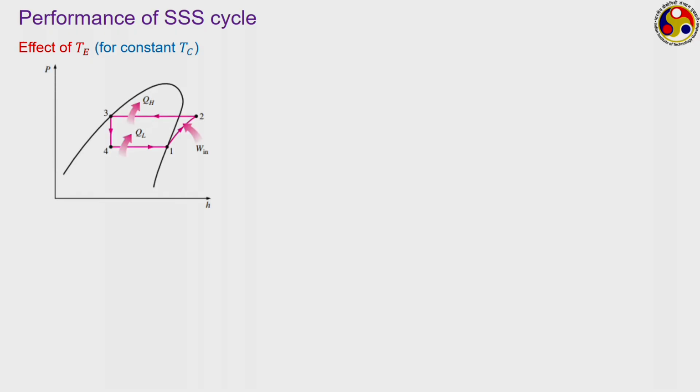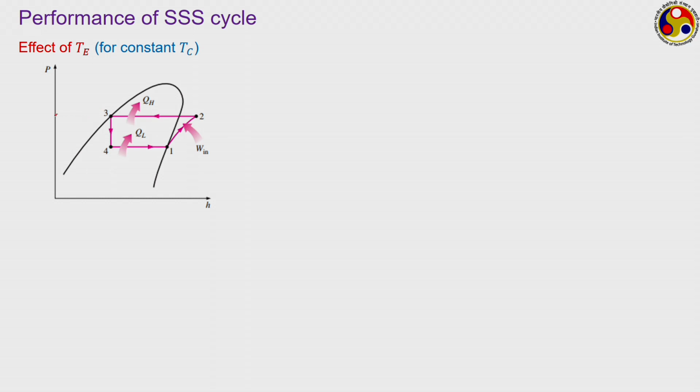Now, to evaluate the performance of this SSS cycle, let us check the effect of the two end temperatures Tc and Te. First, let us check the evaporation temperature for constant Tc. From the previous slide we have seen how to calculate the corresponding performance parameters and also the COP. Now, let us check the effect of Te. I have plotted the pH diagram for a particular combination of Tc and Te.